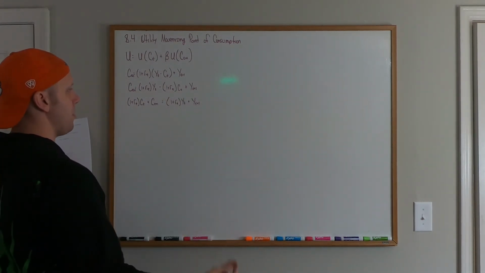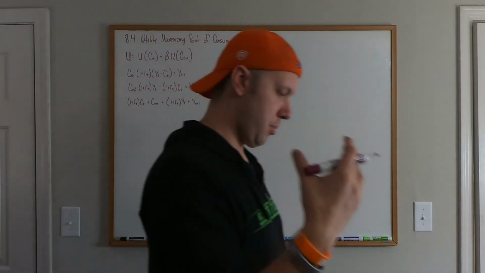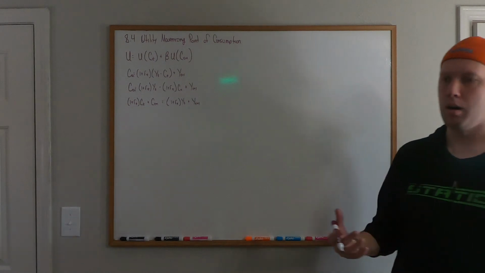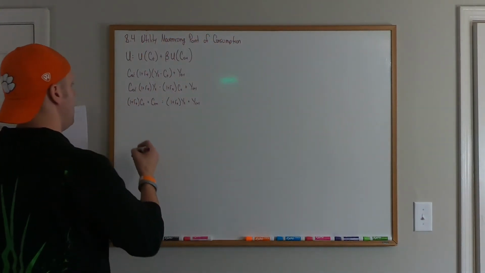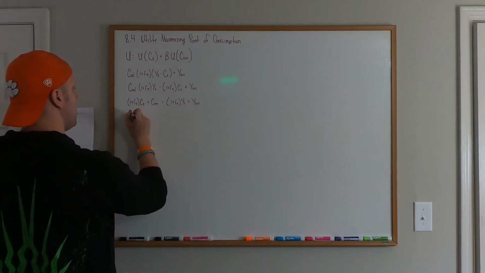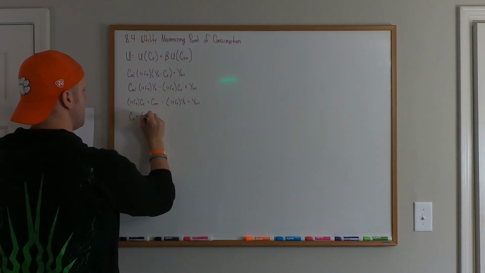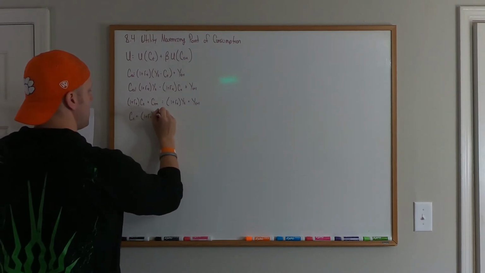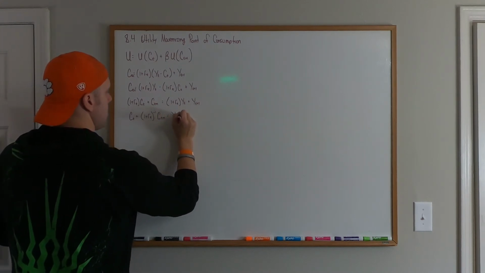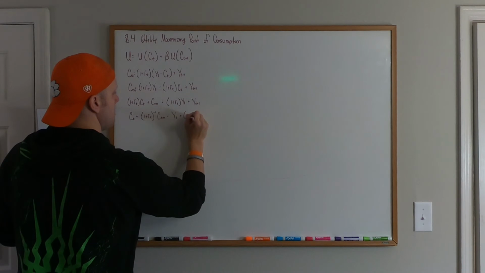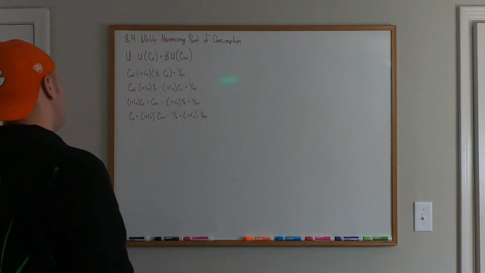If I wanted the discounted present value, what the present value of my lifetime budget constraint is, I would divide everything here by 1 plus r.